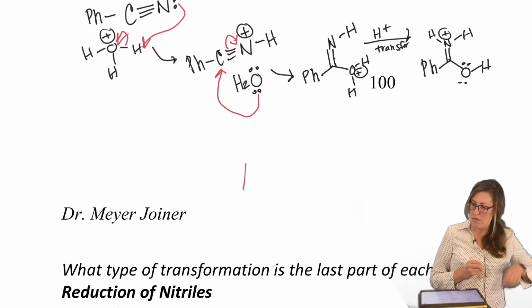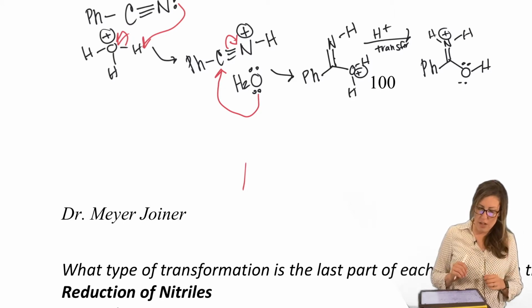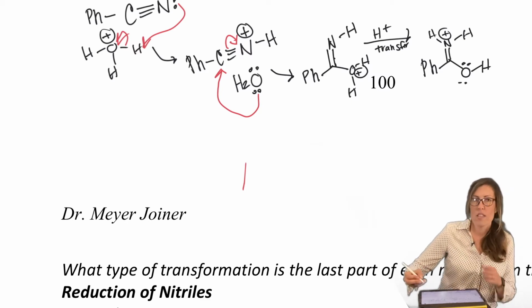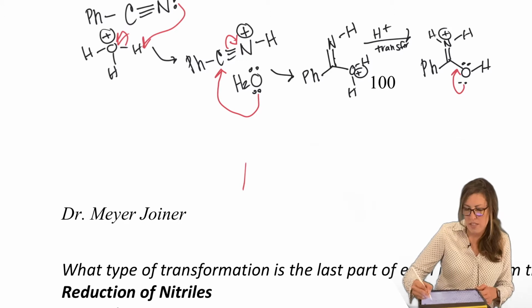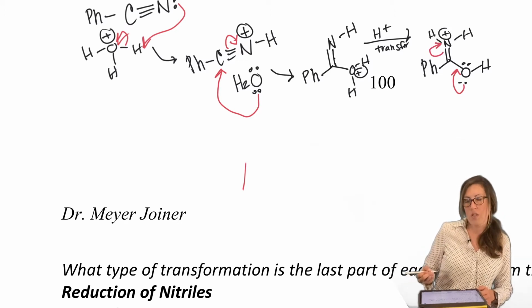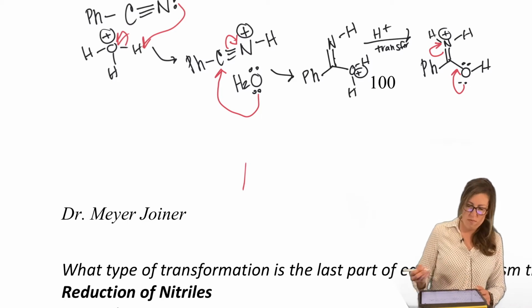So if I attack, I have a tetrahedral intermediate. But let's show the resonance, kind of like we did last time. If I show resonance, I also close and kick open that pi bond. So let's see.